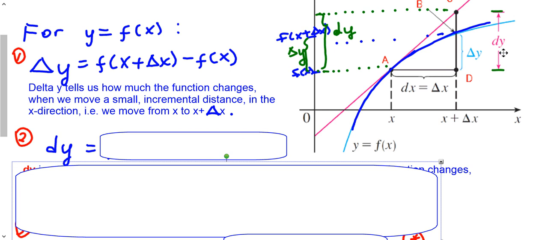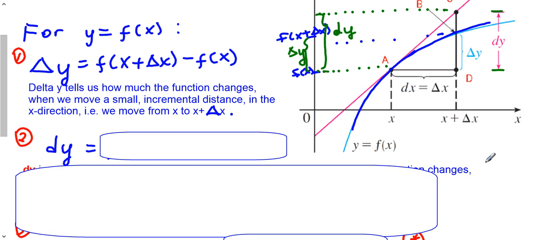So dy, the change in y, is going to be the derivative, that's the slope of the tangent line, multiplied by this distance, because the slope of the tangent line gives you the unit change in y per unit change in x. If your change in x is this many units, then your change in y will be slope times that.